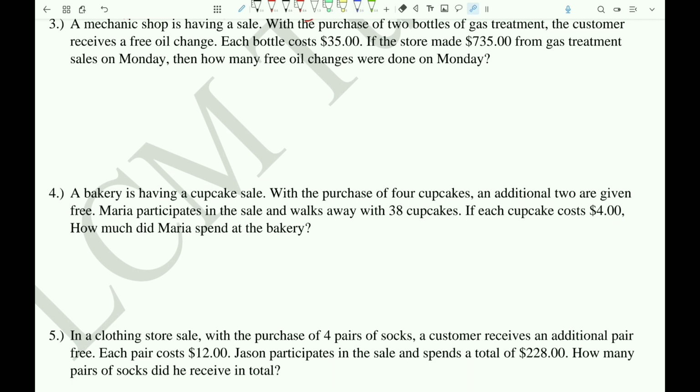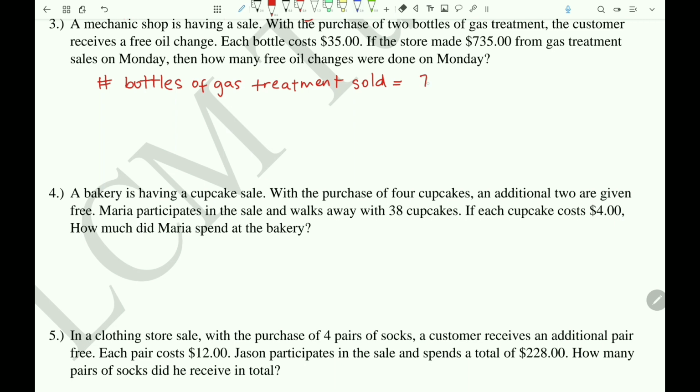So let's actually find out how many bottles of gas treatment they sold, right? So let's say number of bottles of gas treatment. Now, the question told us that they made $735 from gas treatment sales.